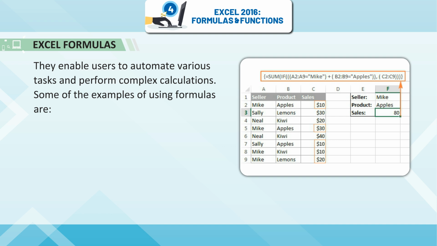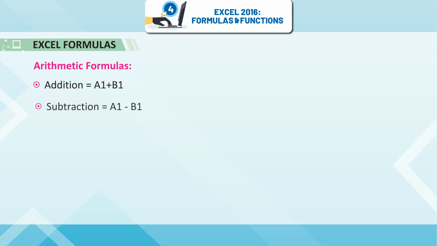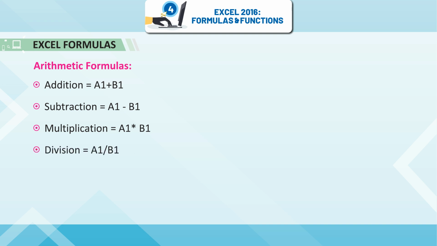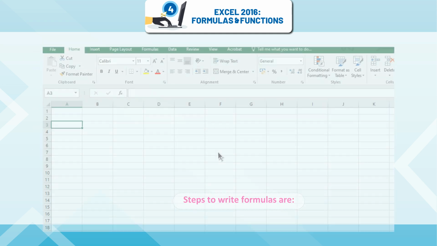Some of the examples of using formulas are arithmetic formulas: addition, A1 plus B1; subtraction, A1 minus B1; multiplication, A1 asterisk B1; division, A1 by B1; exponentiation, A1 raised to the power 2.